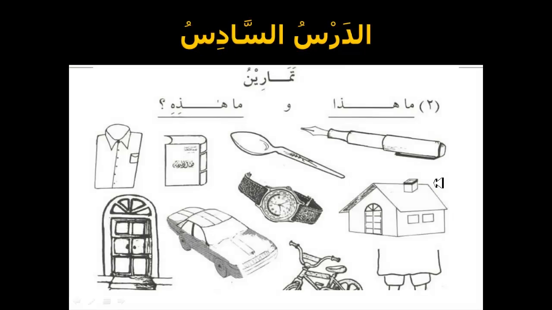Tamarin, we have an exercise now to identify the nouns, and basically we would practice ما هذا وما هذه. So here's a question: what is this? For example, if I'm going to ask what is this, pen is masculine, so I would say ما هذا, and then we'll say هذا قلم. This is a pen.